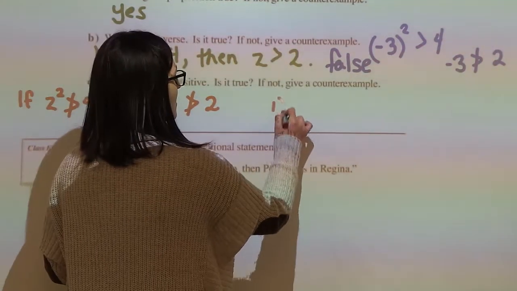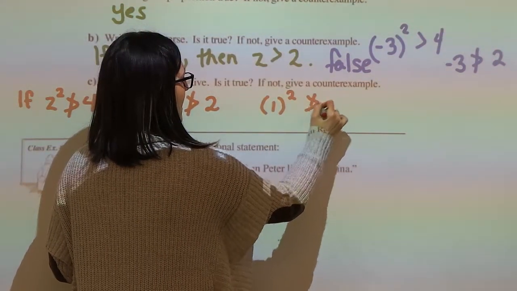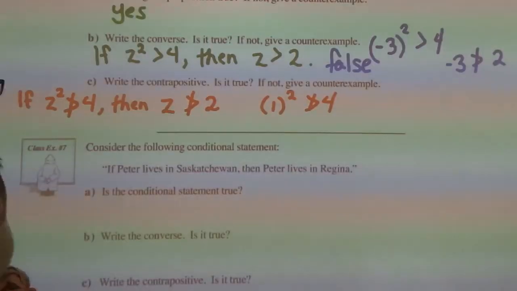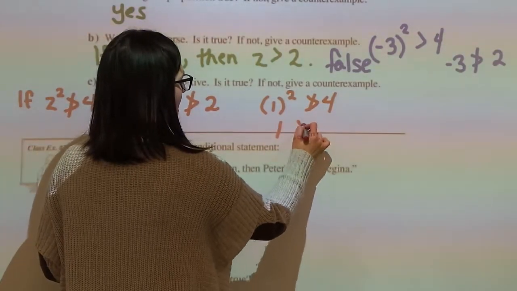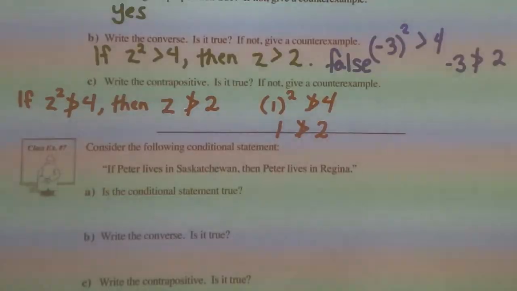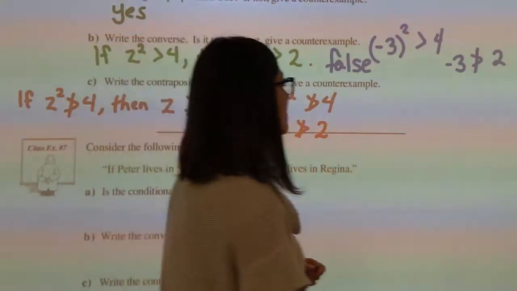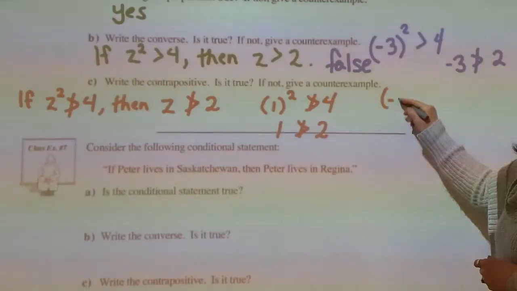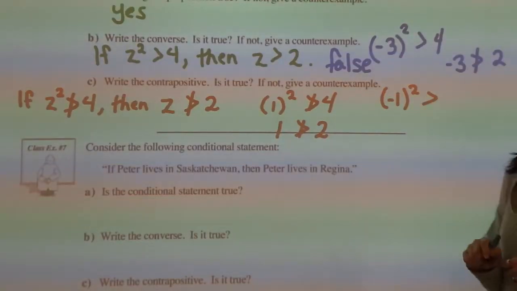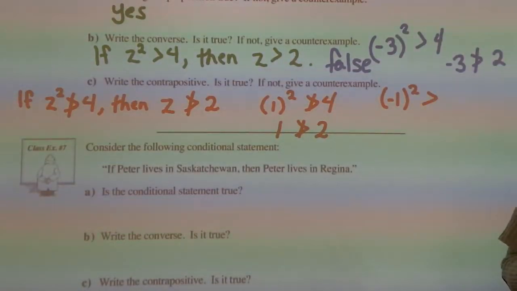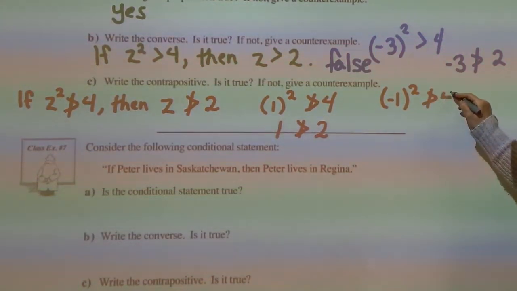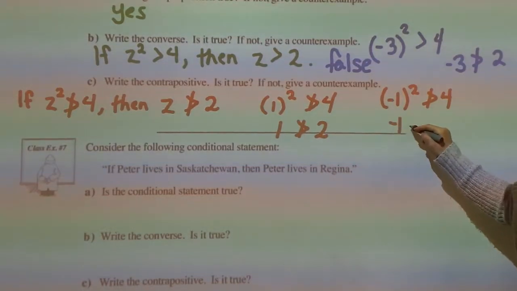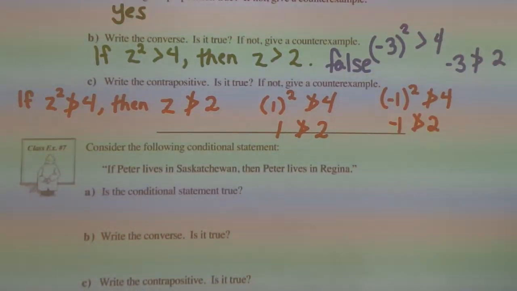So 1 squared is not greater than 4, and 1 is not greater than 2. If I chose negative 1, what's negative 1 squared? Positive 1, which is not greater than 4, and negative 1 is not greater than 2.